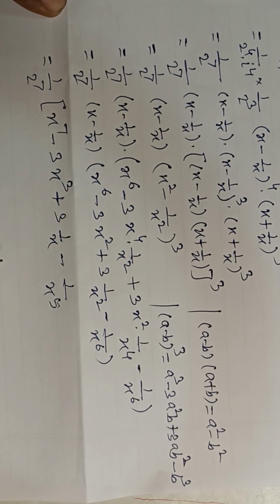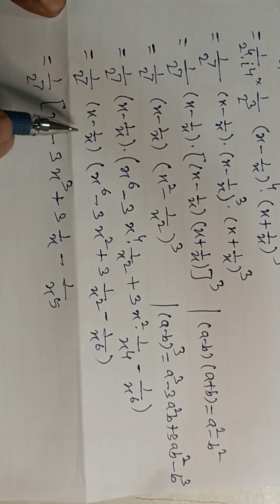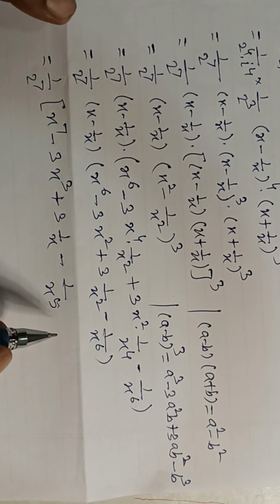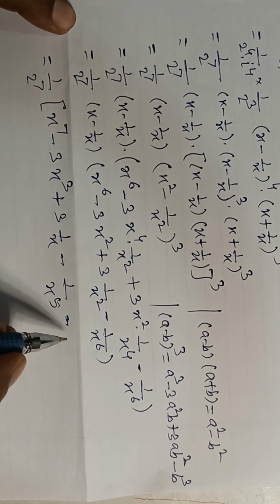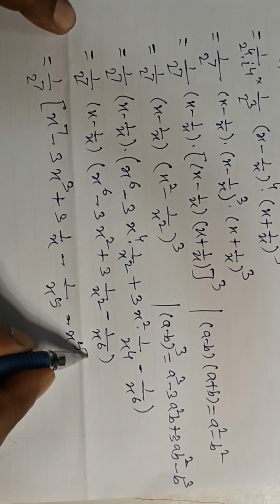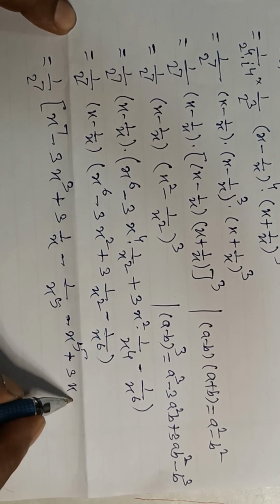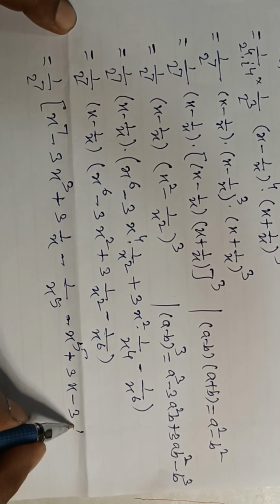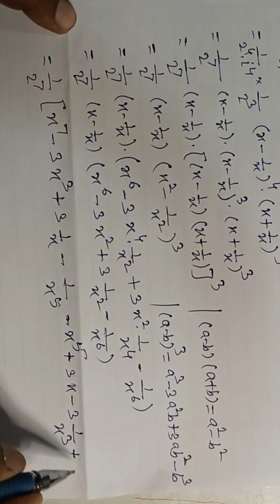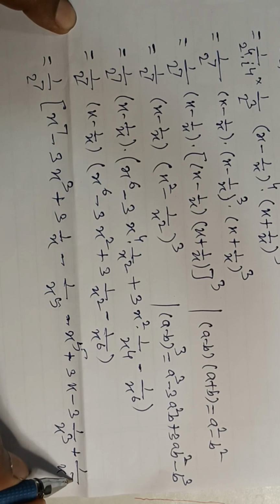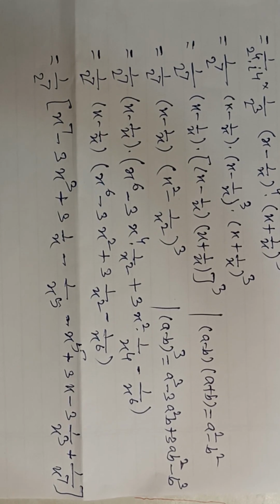Then multiply by minus 1 upon x to this bracket: minus 1 upon x into x raised to 6, that is minus x to the power 5, then plus 3x, minus 3 into 1 upon x cube, plus 1 upon x to the power 7. Okay, this is the expansion.